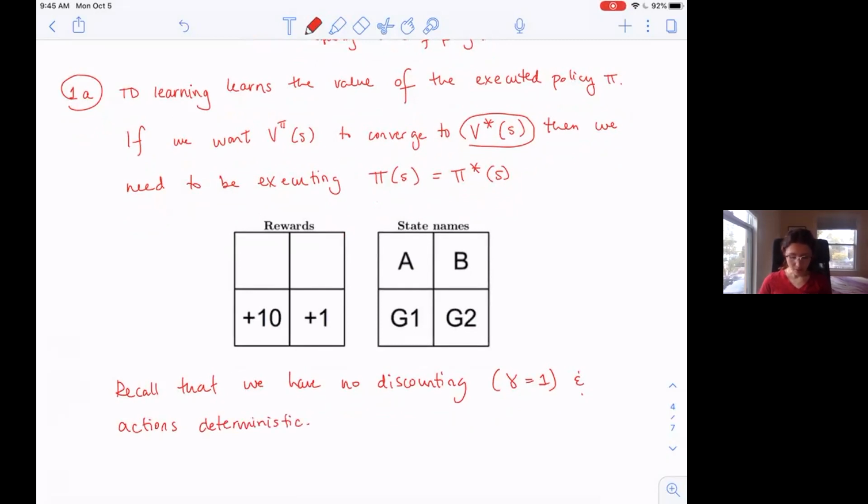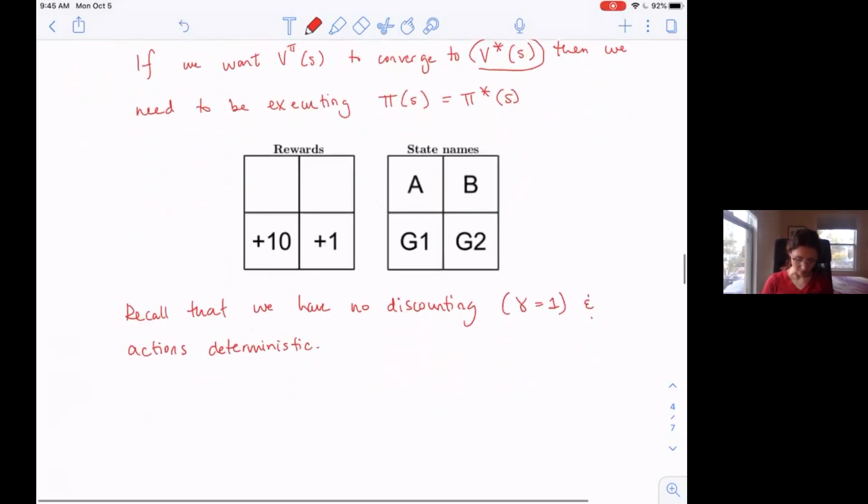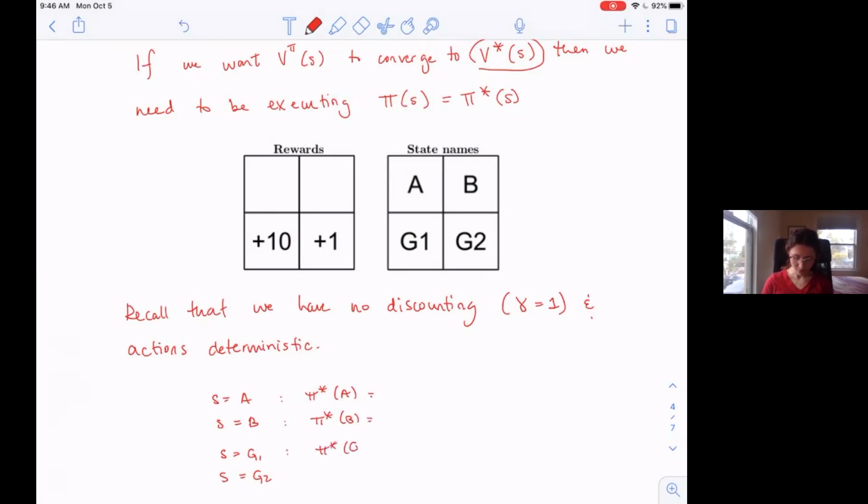So to figure out what the optimal policy is, let's take a look at each of these states. So we have state equals A, state equals B, state equals G1, and state equals G2, and figure out what should pi star of A tell us to do, what should pi star of B tell us to do, and pi star of G1, and finally pi star of G2.